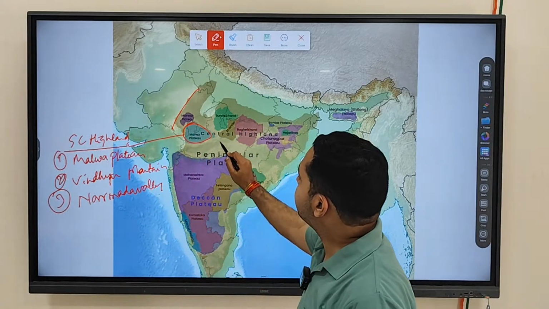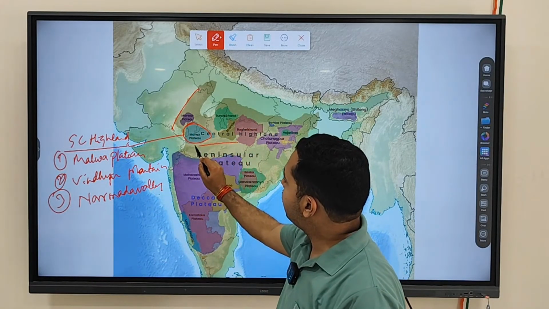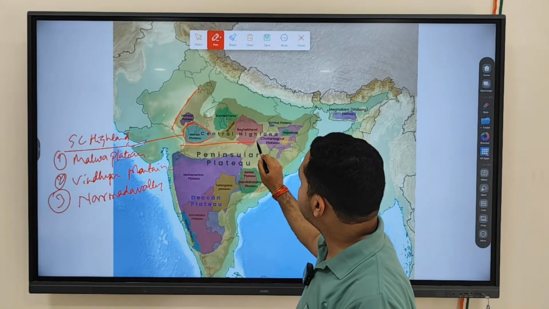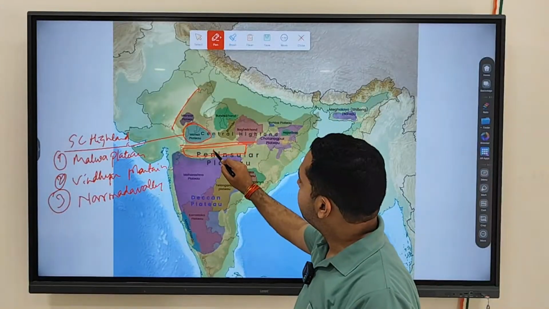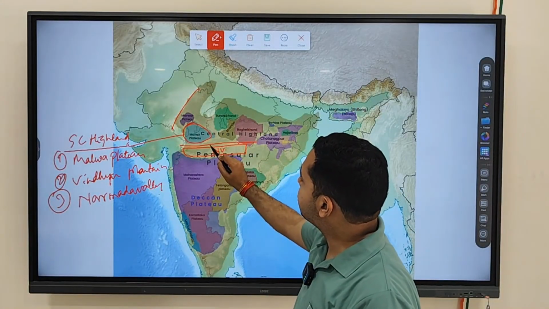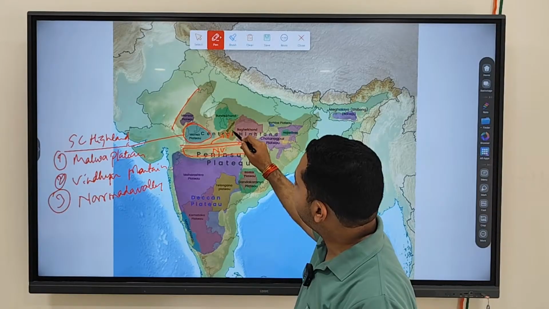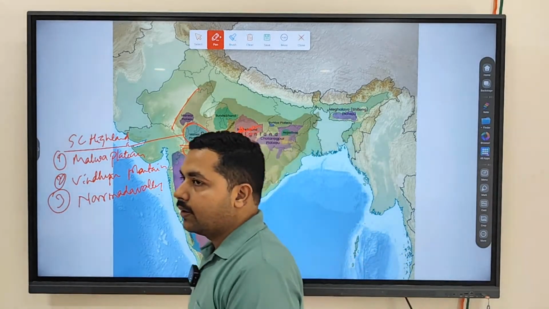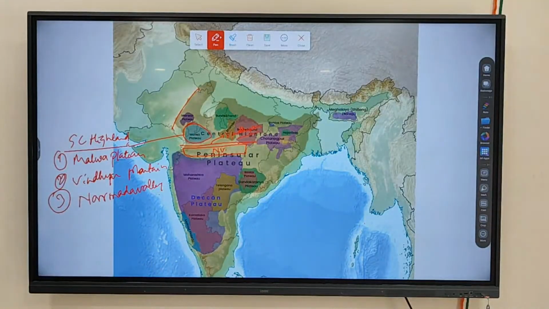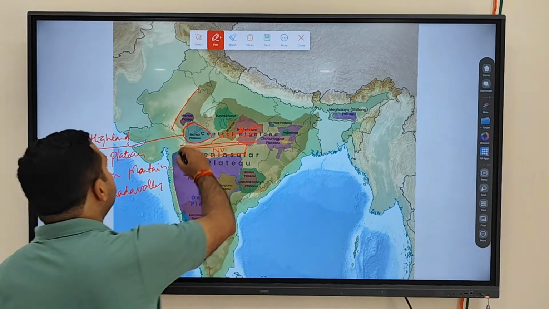So this is Malwa Plateau, this is Vindhyan Mountain, extending like this, and this entire region is Narmada Valley region. So three important sections: Malwa Plateau, Vindhyan Mountain, as well as Narmada Valley.